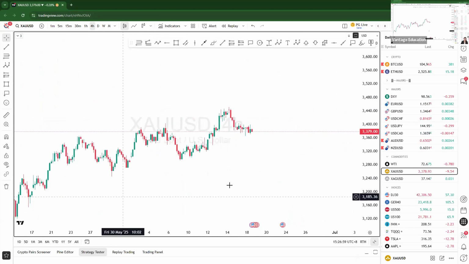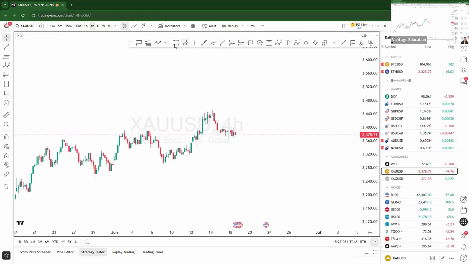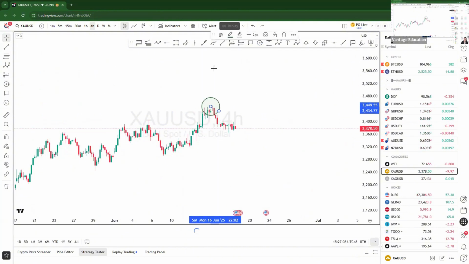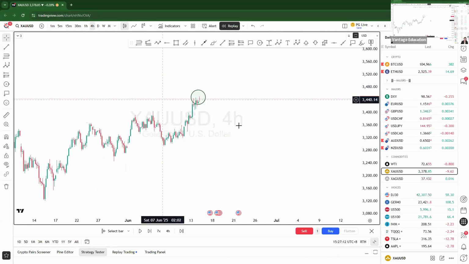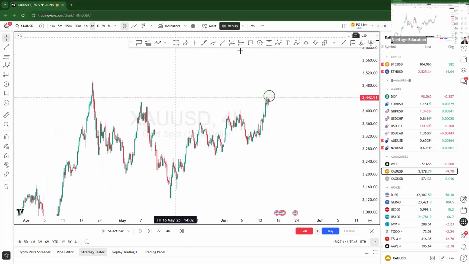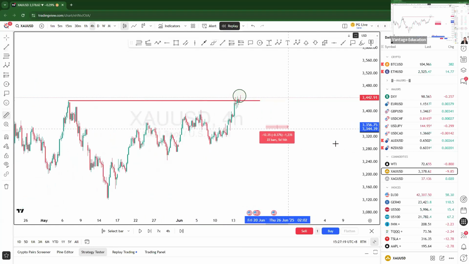Before I move on, you look here. You look at this level, right? Okay, now price comes to this level, and let's say you identify this as your resistance level, right?